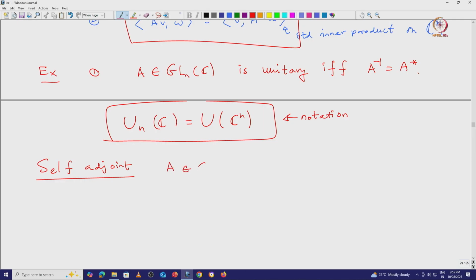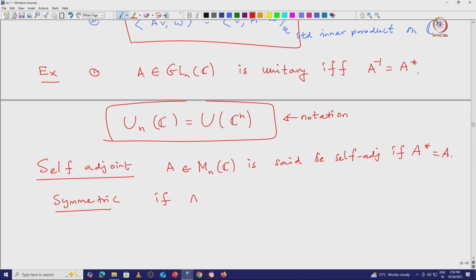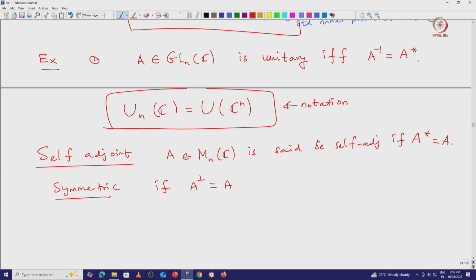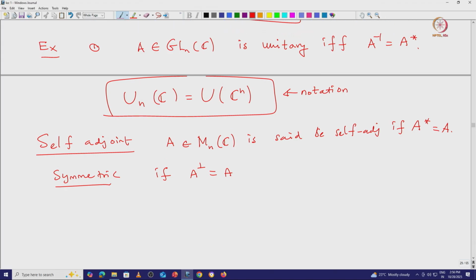So, an n by n matrix A is said to be self-adjoint if A star equals A, and it is called symmetric if A transpose is equal to A. Now, if we are working over real numbers, then it is easy to see that A is self-adjoint if and only if A is symmetric.